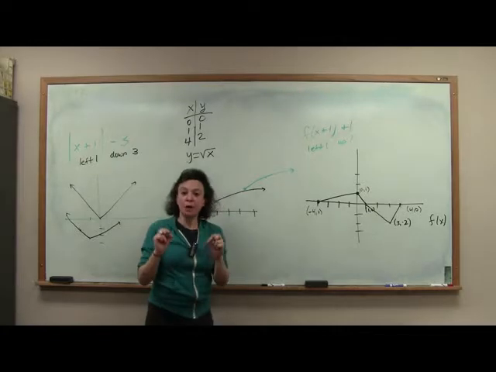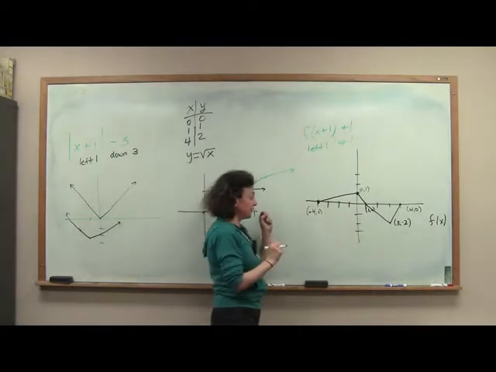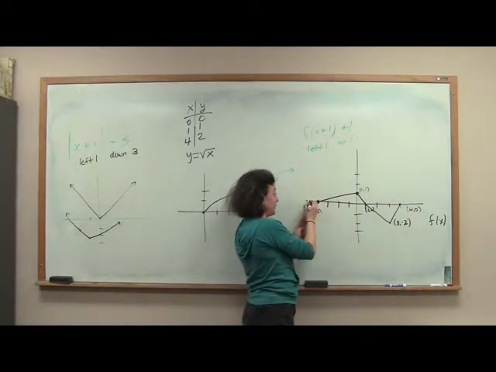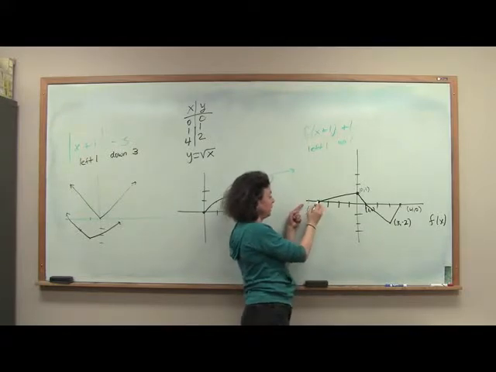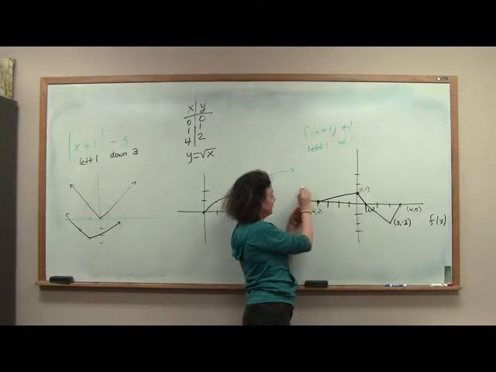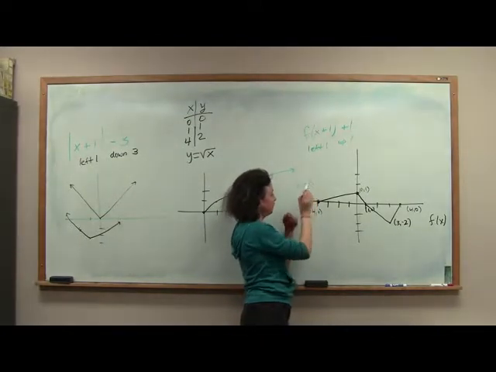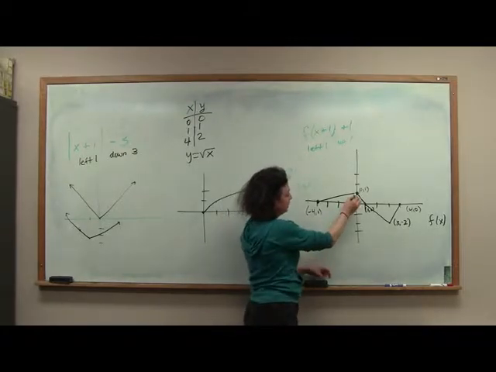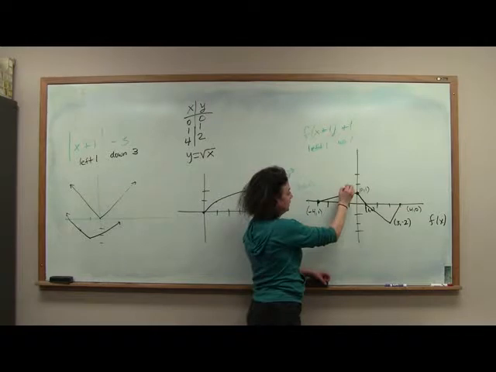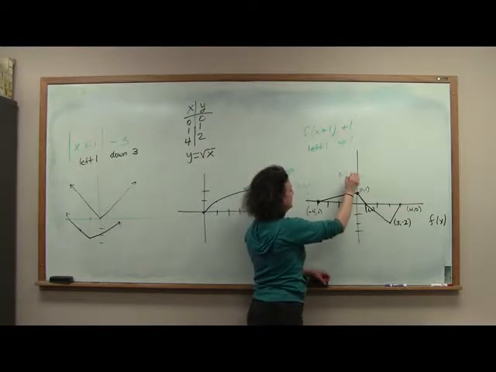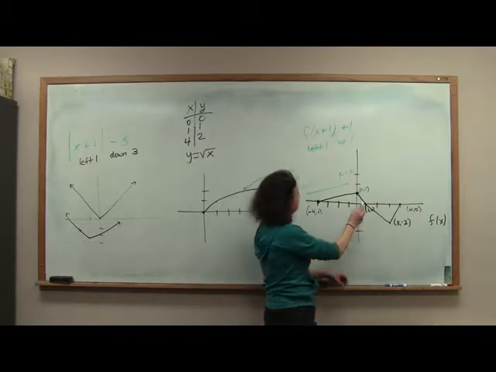So literally what you do with every point that you have on your graph is you move him. We move him to the left 1, so he's at -5, 0, but now up 1. So he's at -5, 1. Here we'll go left 1, so it's at -1, 1. Now it's at -1, 2. Okay?